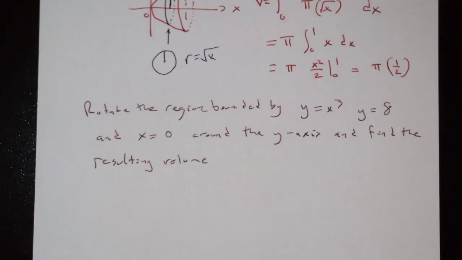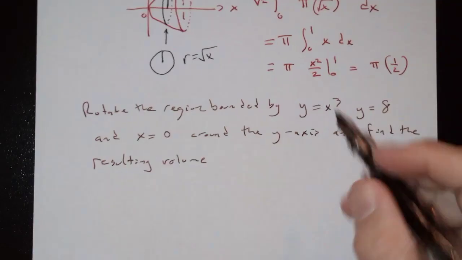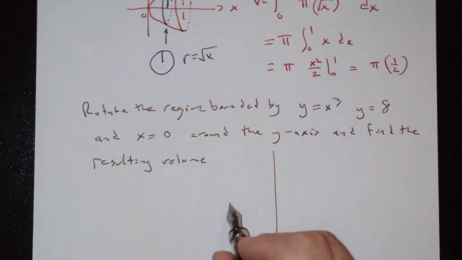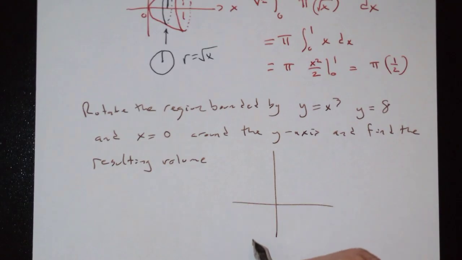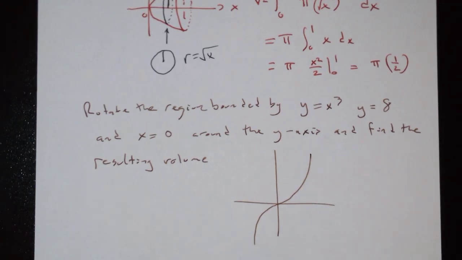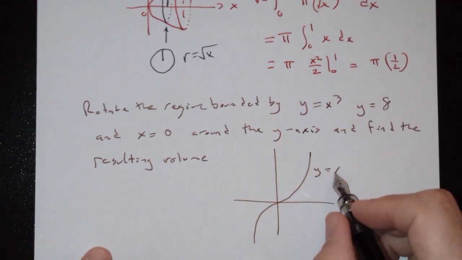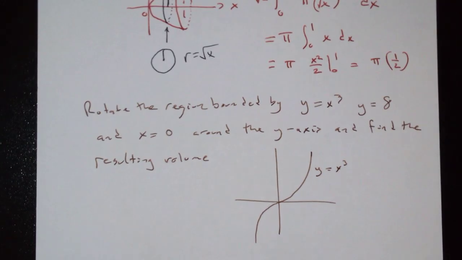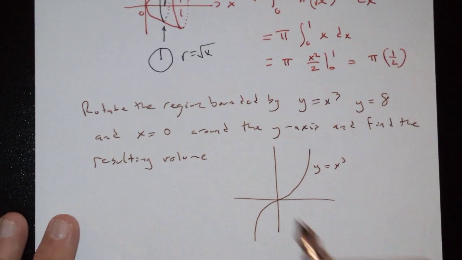So the graph y equals x cubed looks like this, right? What's the graph y equals 8 look like? A horizontal line.